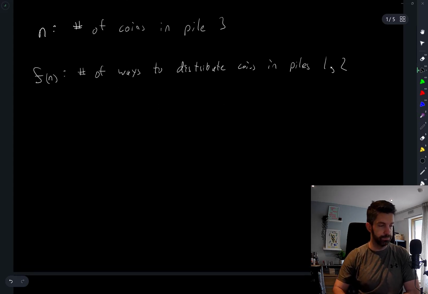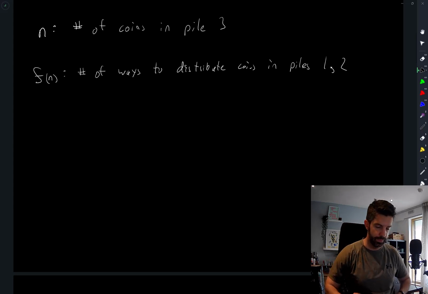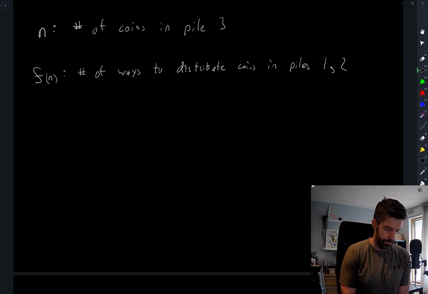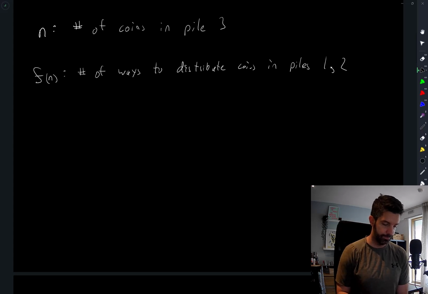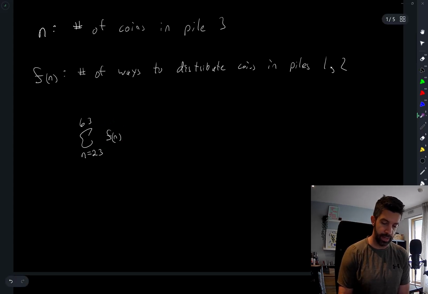Okay, so let's try to figure out f of n. The answer we want is the sum as n goes from 23 to 63 of f of n. I suspect this function is going to be linear in n, almost certainly.